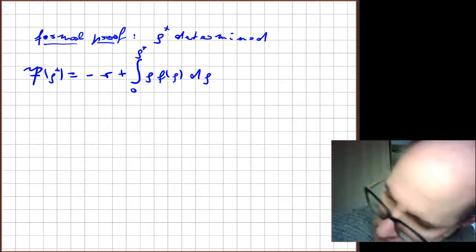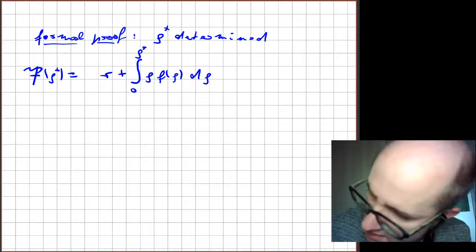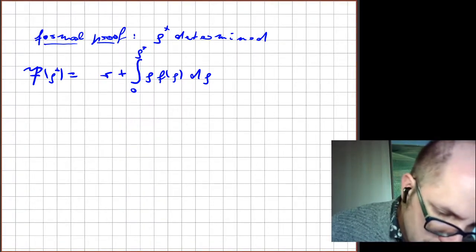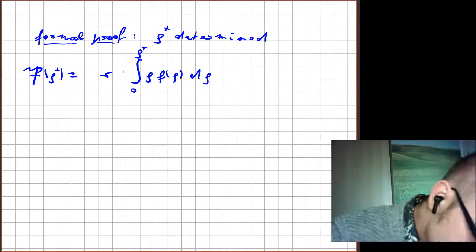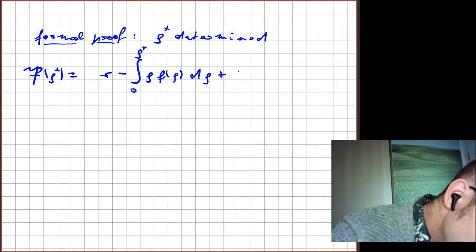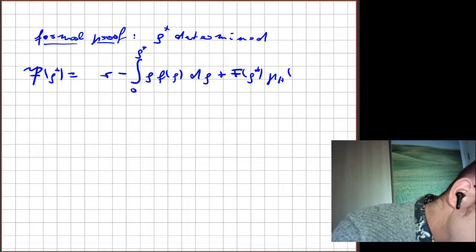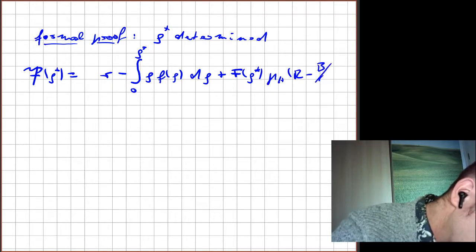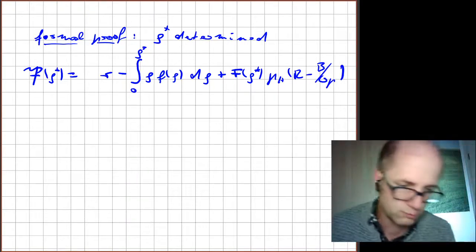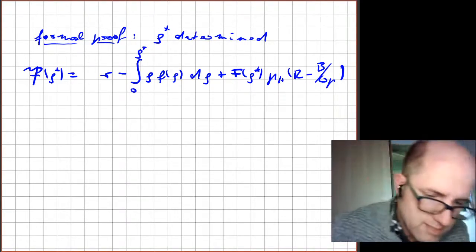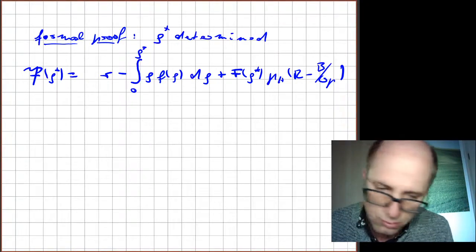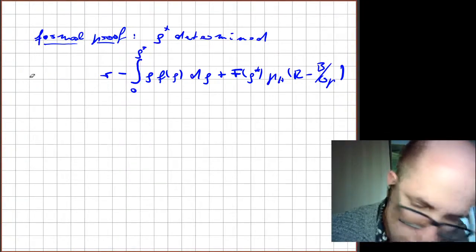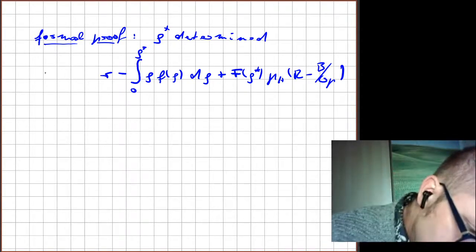There's a mistake here. There's no minus here, and there is a minus instead here. That has to be a minus. And then here's a plus f of rho star, pH times R minus B over delta P, bracket closed. And this in equilibrium has to be equal to I minus A. So I can set that equal to I minus A.